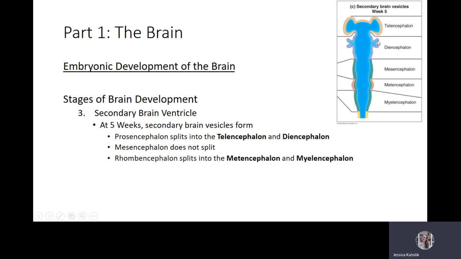These little projections here will actually become part of the retina, so they will help form the eyes. The mesencephalon will not split, so it will stay the way that it is. And the rhombencephalon will split into the metencephalon and the myelencephalon. And again, the part that hasn't ballooned is going to stay as the spinal cord.